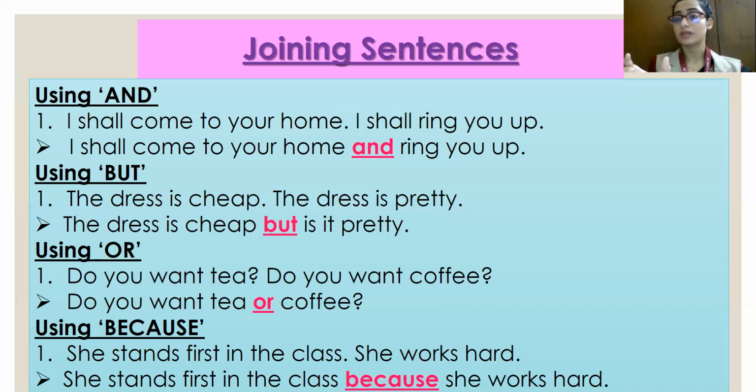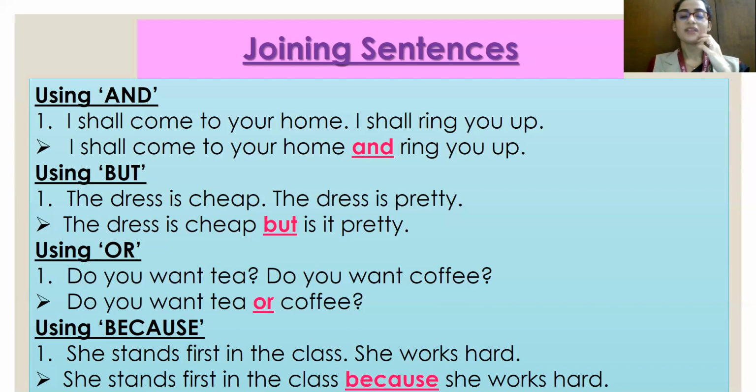After you use the conjunction because, the reason is stated. And there we need to use this conjunction. So she stands first in the class. Why? The reason being is that she works hard. That's why she stands first in the class.